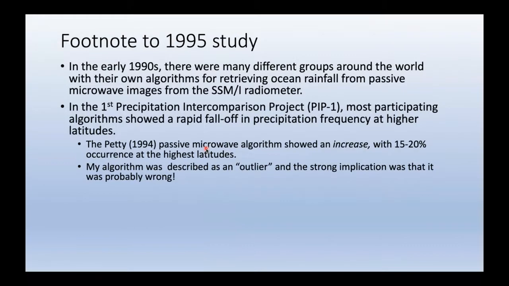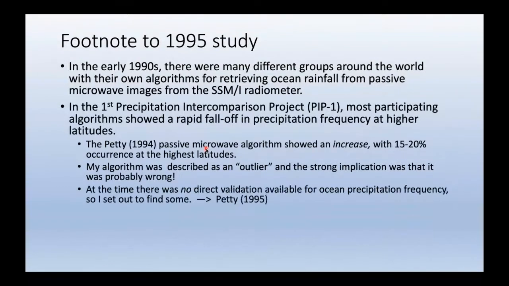Naturally, my algorithm was regarded as an outlier, and the implication in the write-ups that I saw of the PIP-1 exercise was, well, mine is an outlier and it's probably wrong. Naturally, I took that as a bit of a challenge because I had some confidence that what I was doing was a little more sensitive to light precipitation and shallow precipitation than what other folks were doing. So I thought I need to get out and find a way to validate this and try to find independent information as to what's going on.